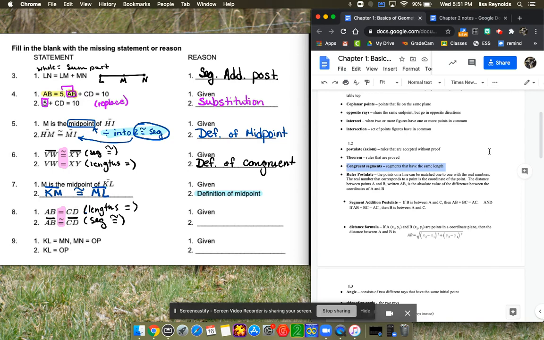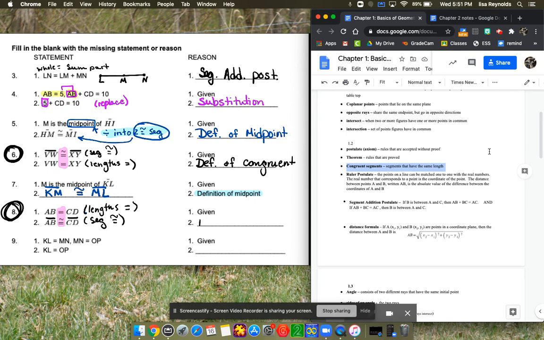We do have a definition of congruent segments that talks about equal lengths, and this is where you have to remember that definitions work both ways. So if I know the lengths, I get the congruence, and if I know the congruence, I get the length statement. So problem 6 and 8 actually have the exact same reason, even though the statements are in opposite orders.